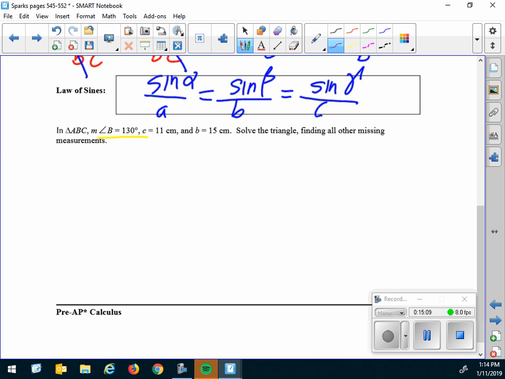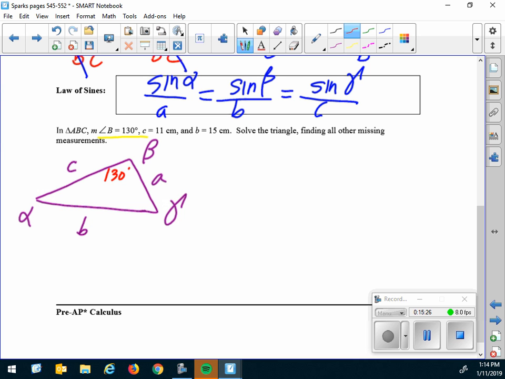So, there's my triangle. I'm going to call that alpha, that beta, that gamma, which means this side is A, this side is B, and this side is C. I am told that that's 130 degrees, that that's 11, and that that's 15.